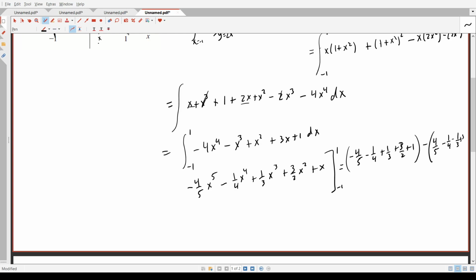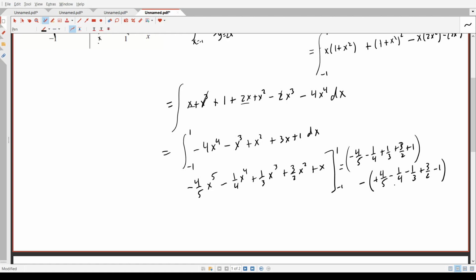And I'm out of space. Okay, so that's minus, so I plug in -1, and I get positive 4/5. Plug that in, we get minus 1/4, negative 1/3, plus 3/2, minus 1.